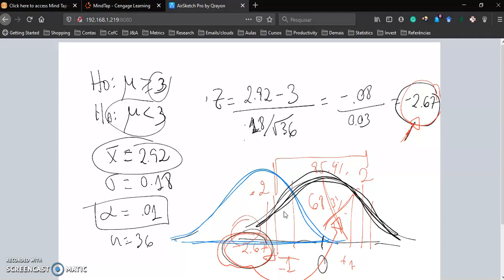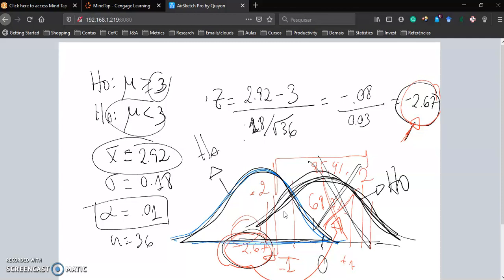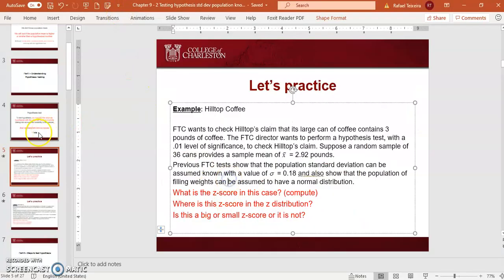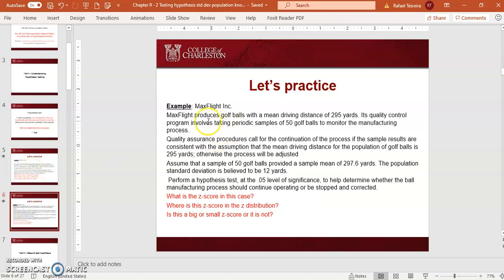It has to come from a second, unknown distribution, and that's the reason we reject. This would be the distribution for the null hypothesis, and this is the distribution for the alternative hypothesis. So we have to reject the null. It's too small to be from the null. It has to come from a second distribution, which is less than 3 pounds.